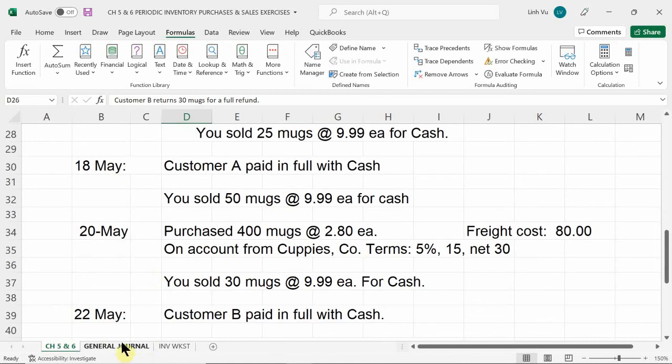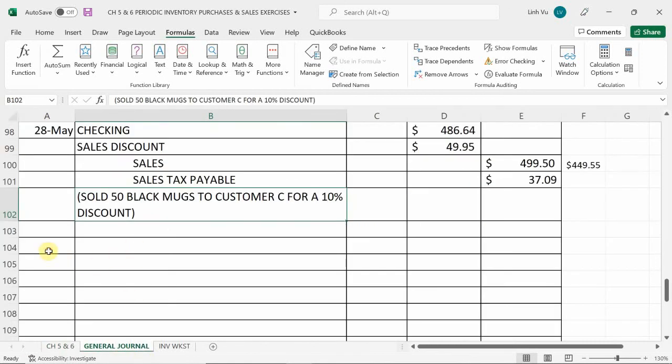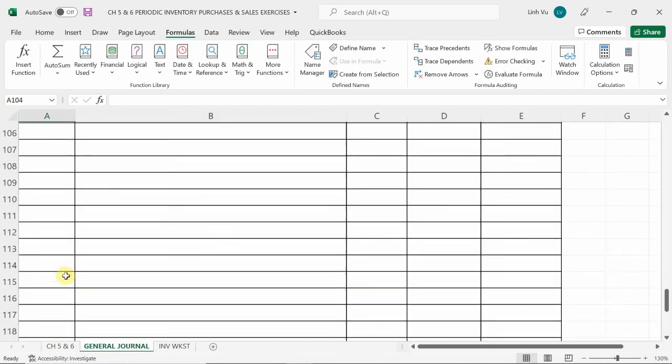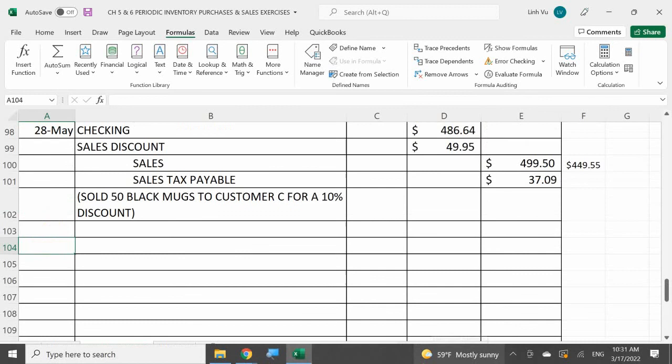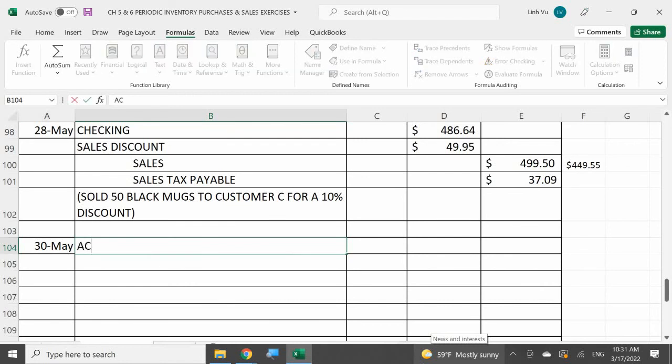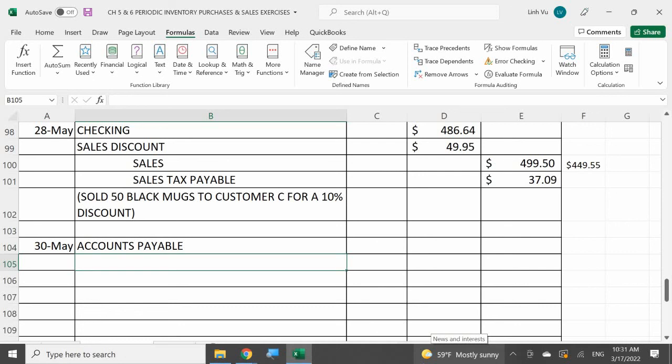So let's go ahead and try to journalize what we know to be true. We know to be true that on May 30th, we're going to make a payment to everything that we owe. So I'm going to reduce what I owe. That's the first thing I need to recognize.